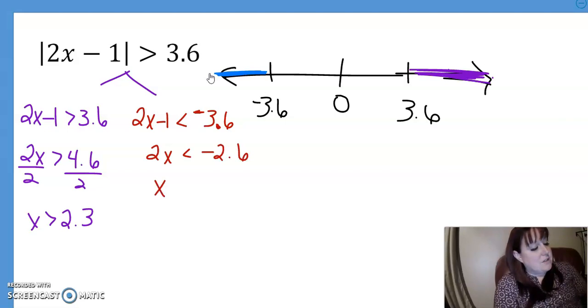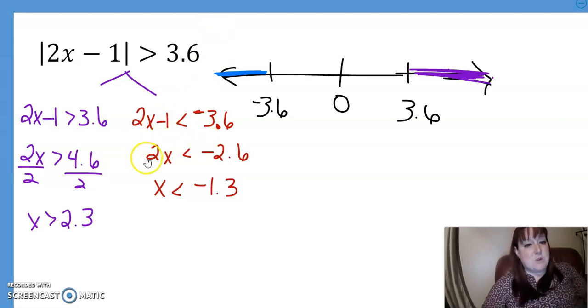And then we divide by 2, and x is less than negative 1.3. See, we divided by a positive number, right? Because we actually divided by 2, so we don't flip the sign for that one. So our two answers are x either has to be less than negative 1.3 or greater than 2.3.